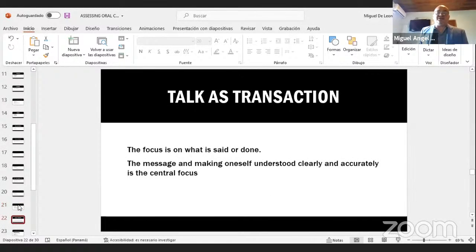Then talk as transaction. Here's where I want to give special attention. This is for those of you who are teaching the technical degree, this is the focus, transaction, because they go into customer service.